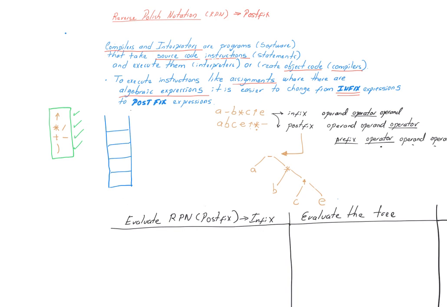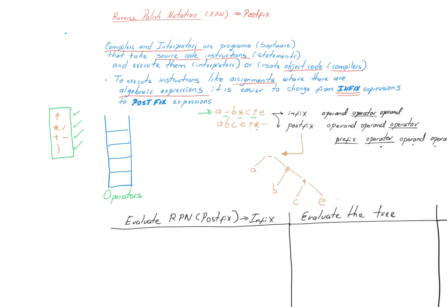And it's going to be filled with operators. The operators in this expression are this, this, and this, right? Those are the elements that I'm going to start adding up here.